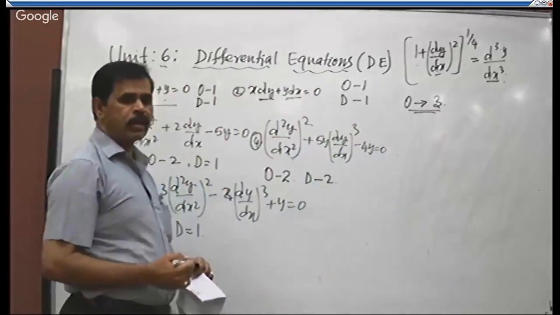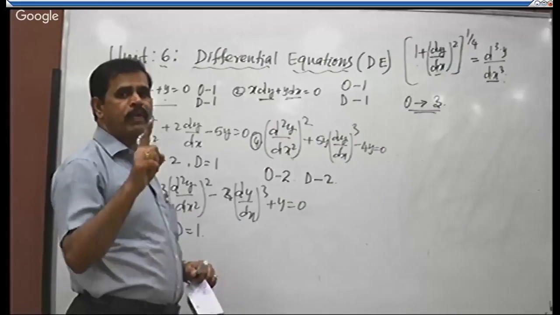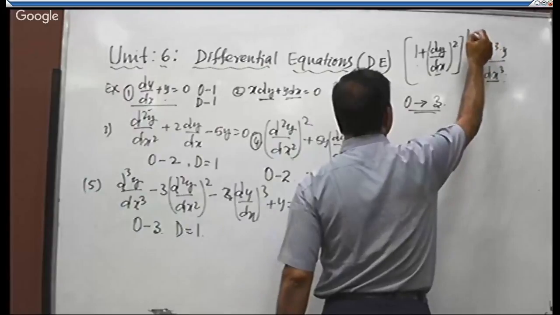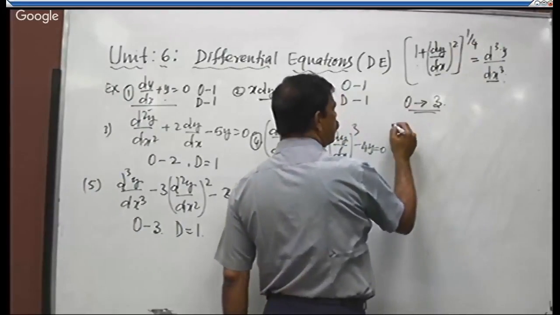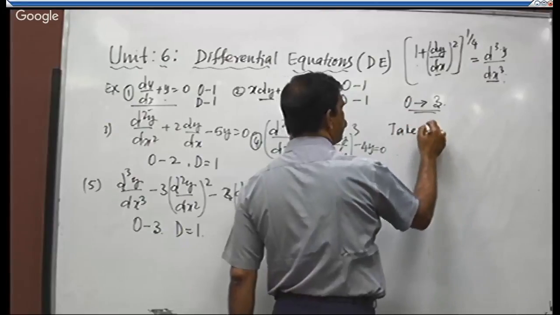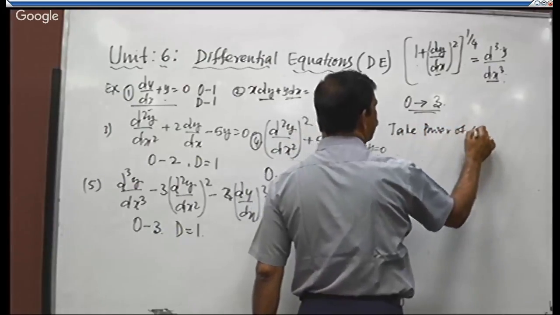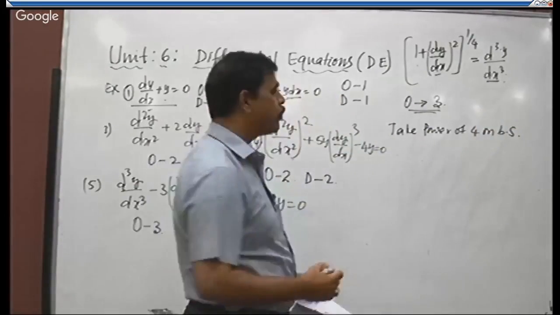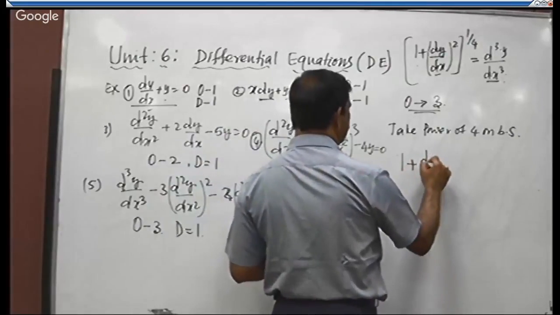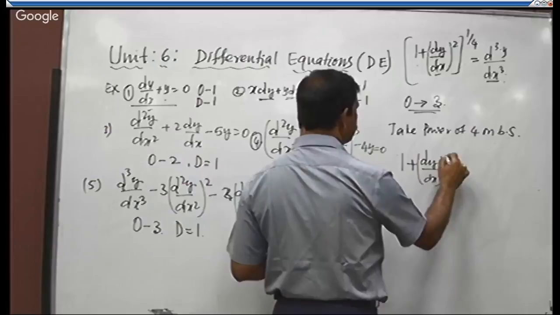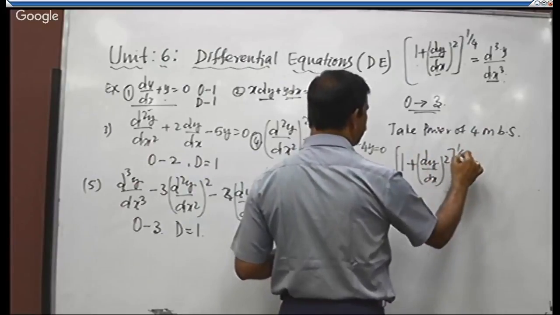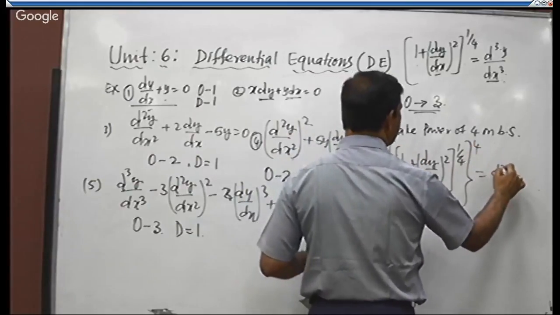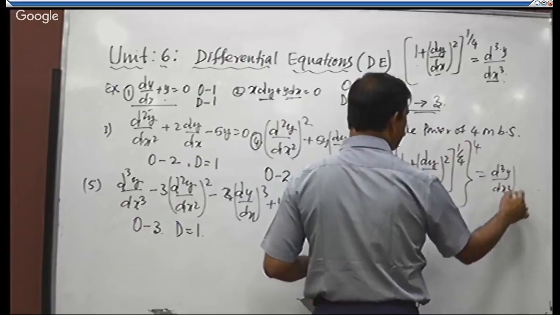While finding the degree, we should remove the fractional power, right? What is the fractional power? 1 by 4 is the fractional power. How to remove it? Take power of 4 on both sides. If I take 1 plus dy by dx whole square whole to the power of 1 by 4, whole to the power of 4, is equal to d cube y divided by dx cube whole to the power of 4.